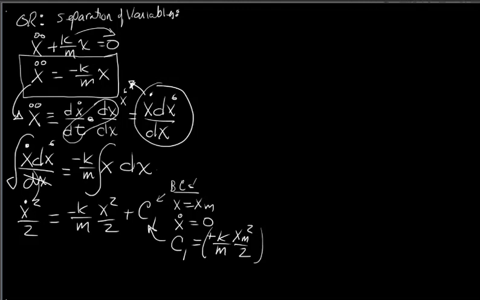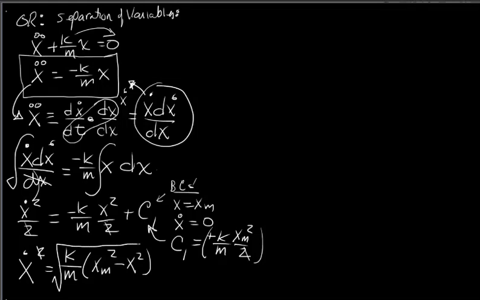If we plug those in and multiply through by 2, we find that x dot squared is k on m times (x max squared minus x squared). And we can take the square root of that.